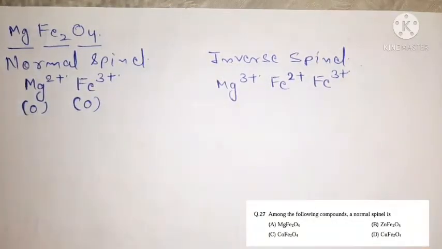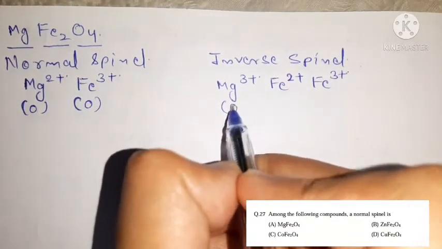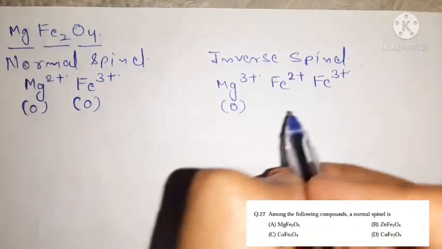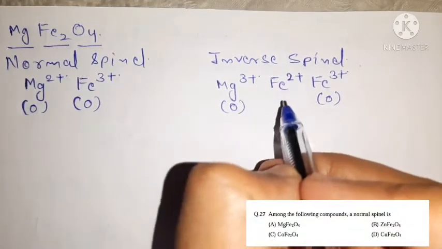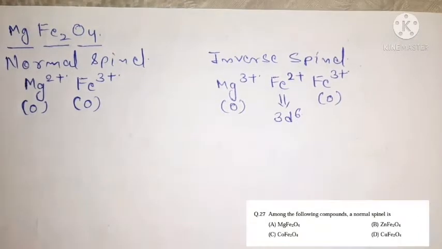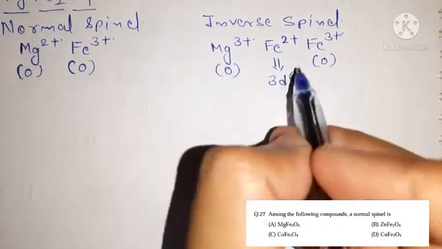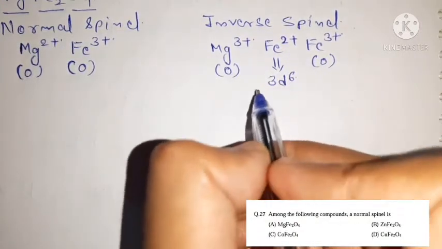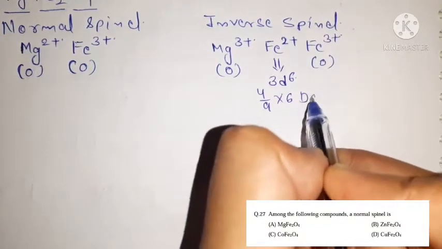This is the condition of inverse spinel. For magnesium 2 plus, the value of CFSE will be 0. For iron 3 plus, the value of CFSE will also be 0. But for iron 2 plus, its electronic configuration will be 3d6, and the value of CFSE for iron 2 plus is 4 by 9 into 6 Dq.